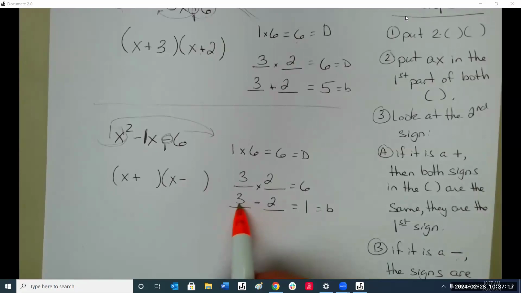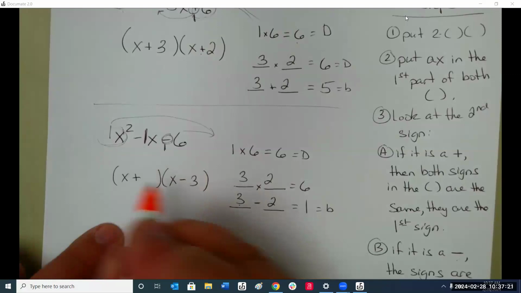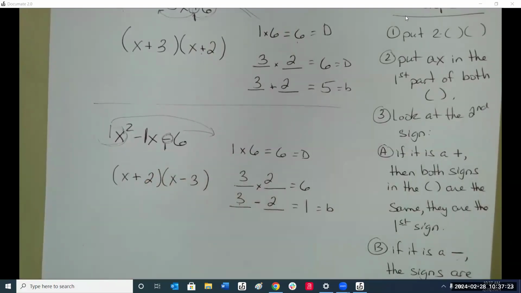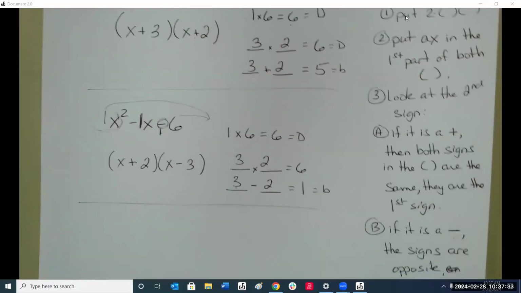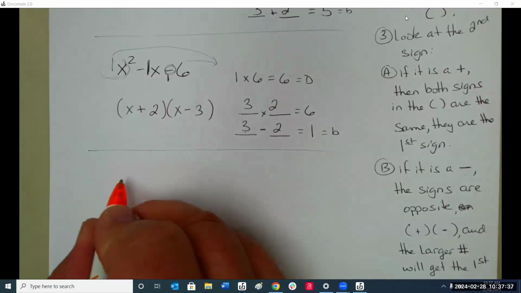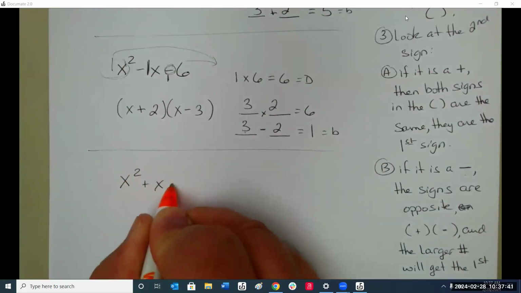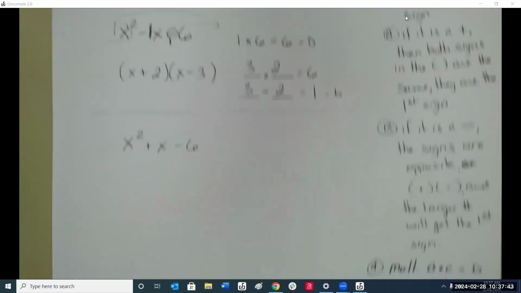So 3 is larger, it gets the minus. So 3 goes there and 2 goes there. And there's our factor. x squared plus x minus 6.